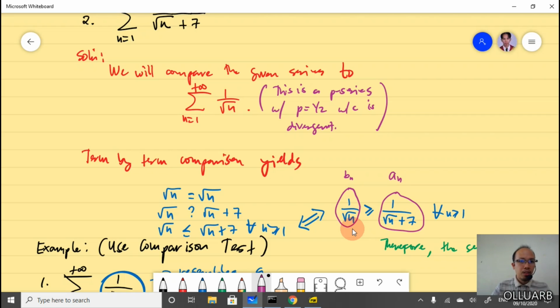From the previous, this is divergent. If the larger is divergent, the smaller is divergent. If the larger is convergent, the smaller is convergent. That's basically what the theorem says. So this is divergent. What's our conclusion?